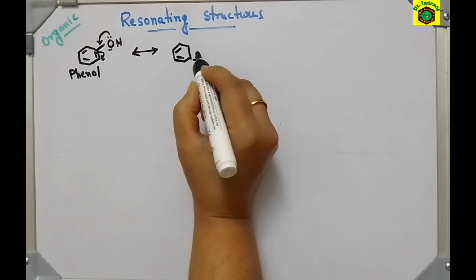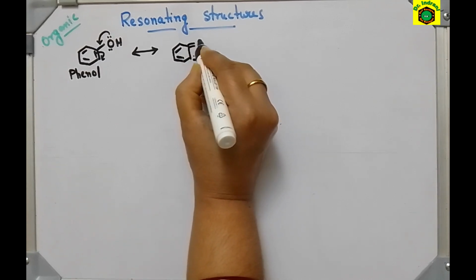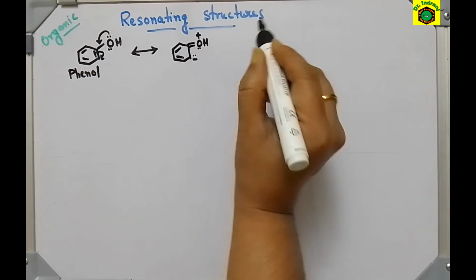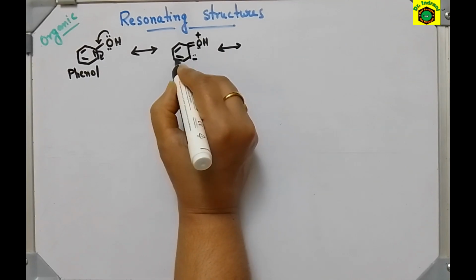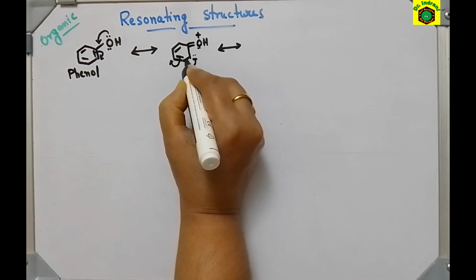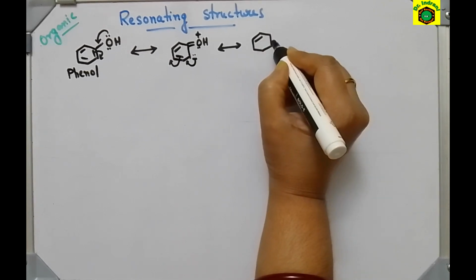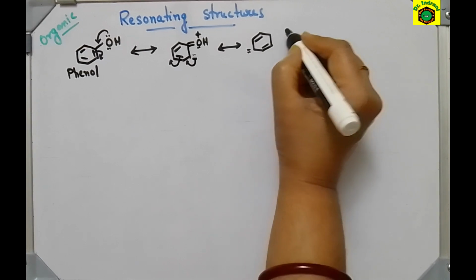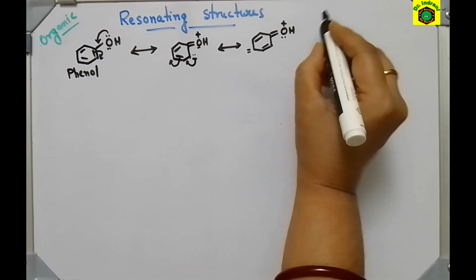Here negative charge. Negative charge means one lone pair also you can show. Here double bond, OH plus, this, here dot minus, here double bond, here as it is, this part.